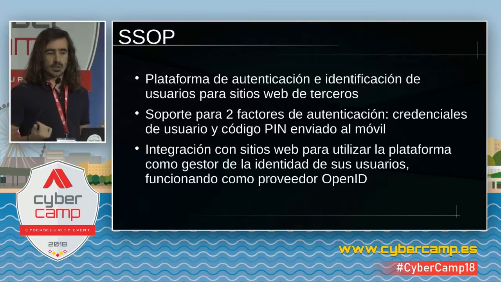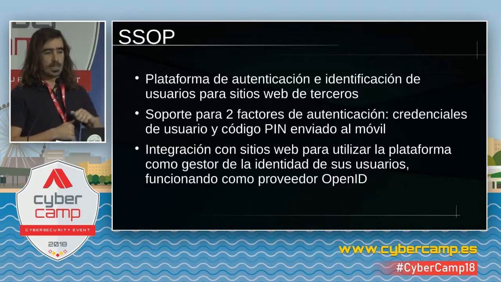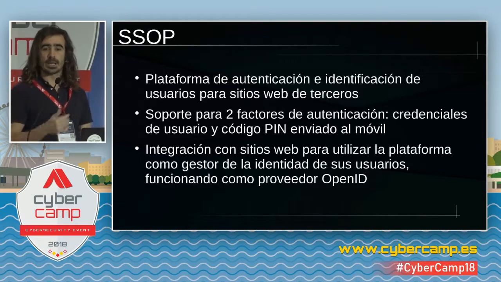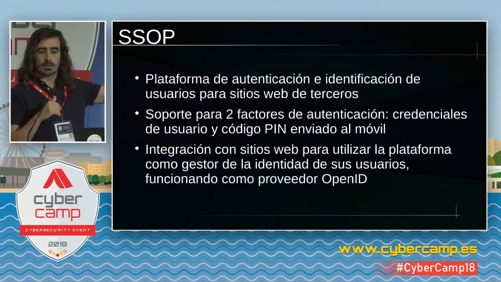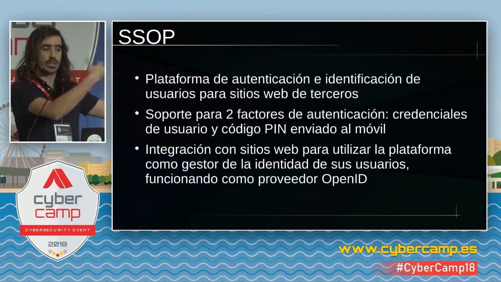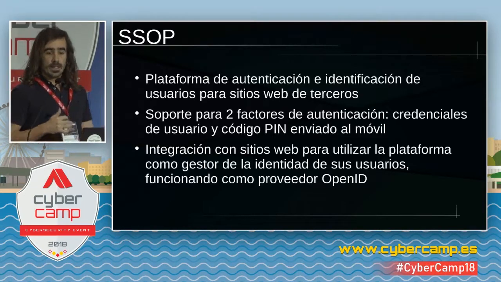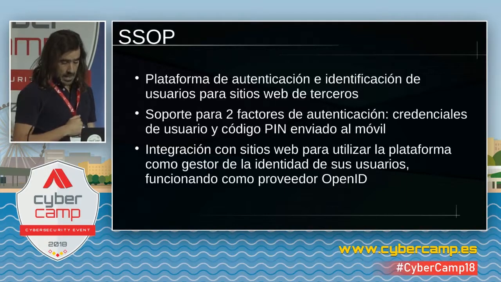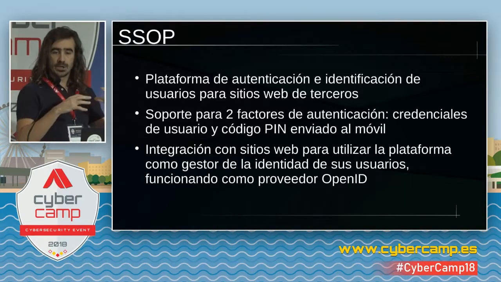So what did we do? We used the user credentials, username and password, and then as extra security, sending a PIN number to users so that they first register. Then websites that want to use our platform for users to authenticate would need to register with us as well, and then that would all be matched.